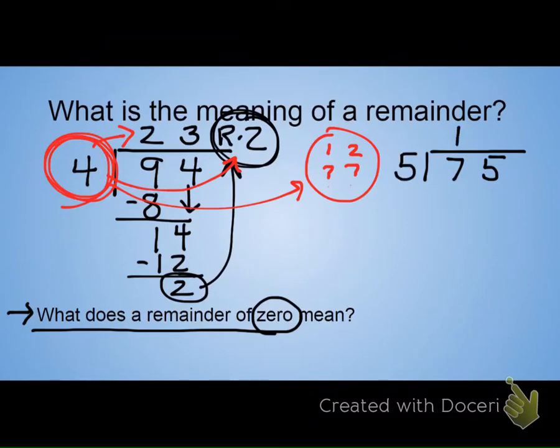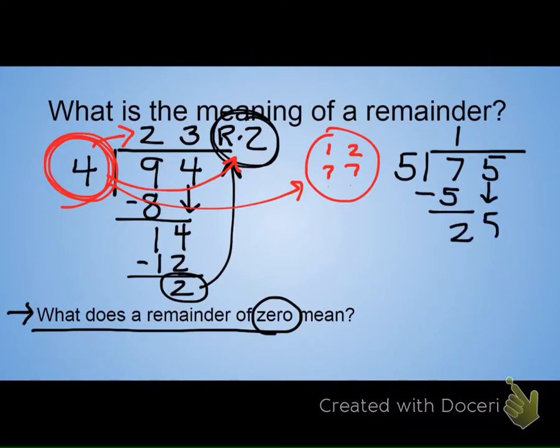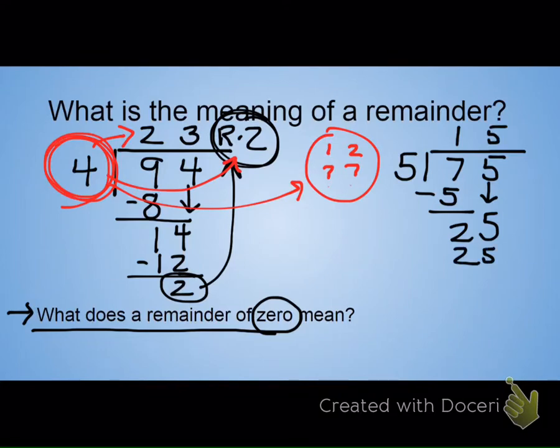So if we go ahead and divide and multiply and subtract and bring down and divide and multiply and subtract, I end up with a remainder of 0 here, meaning that our quotient, 15, tells us there are 15 groups of 5 for a total of 75.